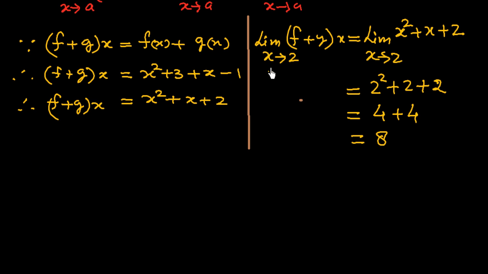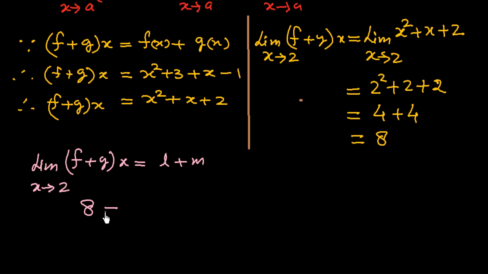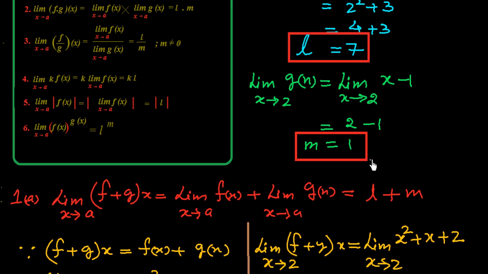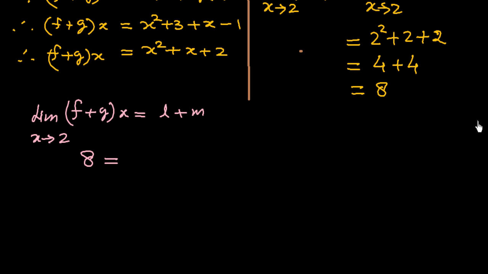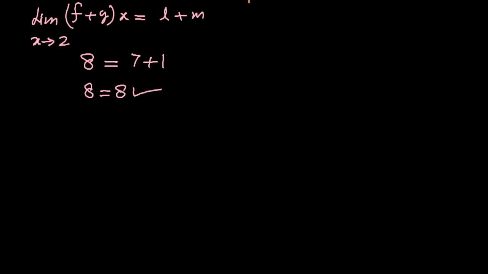And we have to prove that limit x tends to 2 of (f plus g)(x) should equal L plus m. We know it is 8, and L is 7 and m is 1. So it is 7 plus 1. So 8 is equal to 8. Now it is verified.